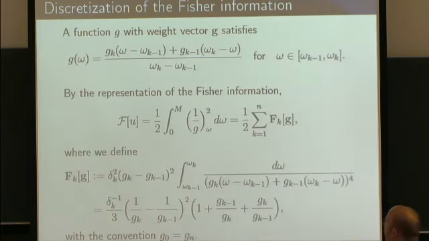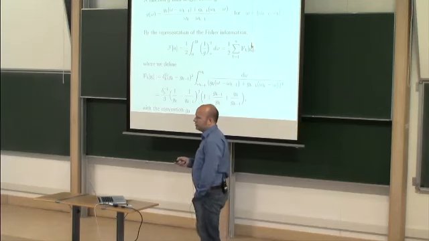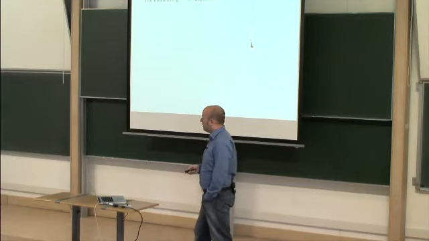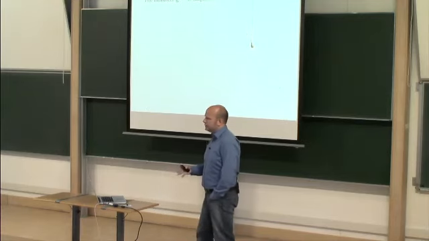And then you can use the representation of the Fisher information that we have seen before in the Lagrangian coordinates by such a discrete formula. And okay, then you can just insert this here, and you end up again with a discrete version of the Fisher information, which only uses the weights g_k and these deltas here, which are the gaps in the mesh. So we have now discretized everything.